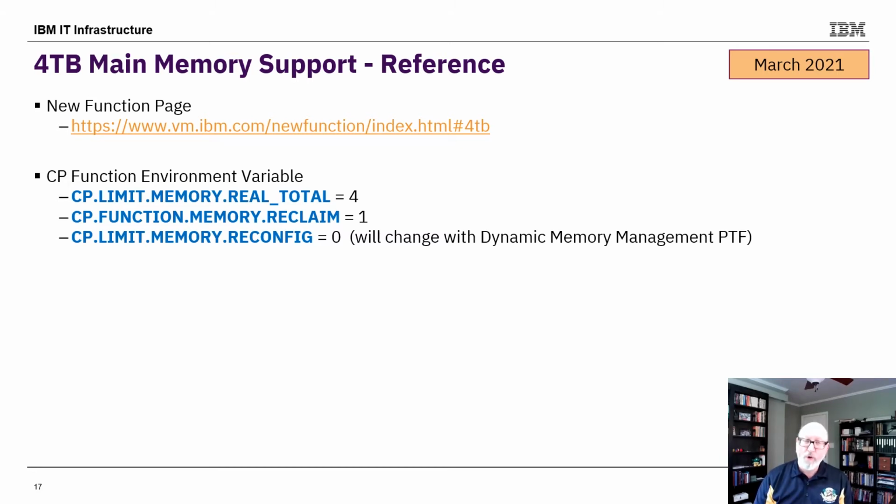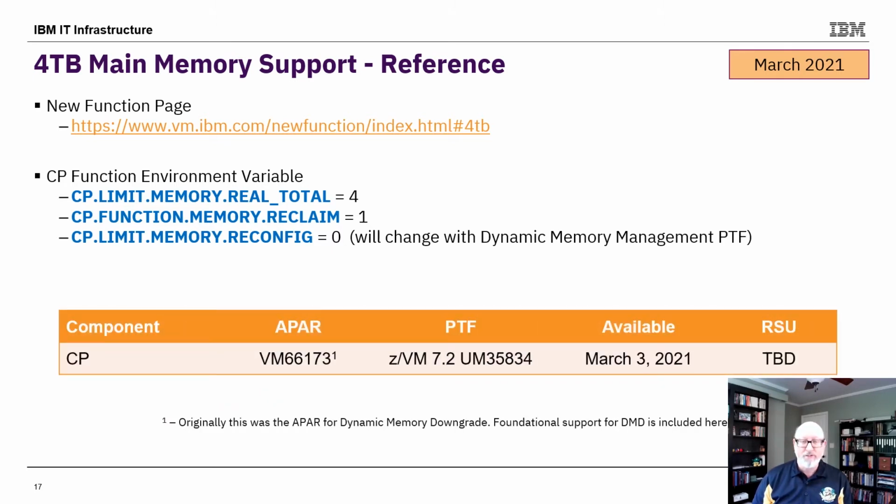You also see a 1 for this memory reclamation function being there, but the memory reconfig limit, that third variable, is 0. So the function's there, but we restrict you to having 0% of the system as being reconfigurable. I'll talk later on about another APAR we will ship later this year that enables that reconfig number to be non-zero, and we'll talk about that in a second. So anyway, those are the environment variables to watch for. Again, there's some reference information on this item. Again, it went out in March, again, only 7.2. Okay.